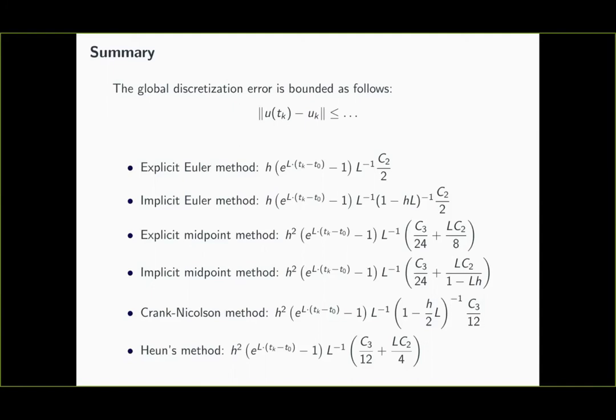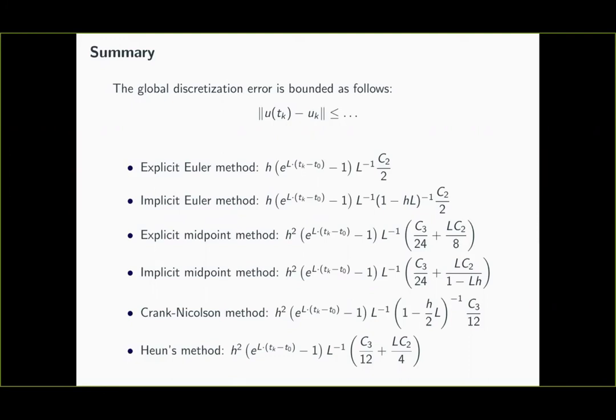So as we compare the performance of these different numerical methods, similar observations apply as for the local discretization errors, namely the upper bound for the global discretization error for the explicit Euler method and the implicit Euler method converges linearly to 0 as the step size goes to 0. Whereas for these new numerical methods, I even get quadratic order.